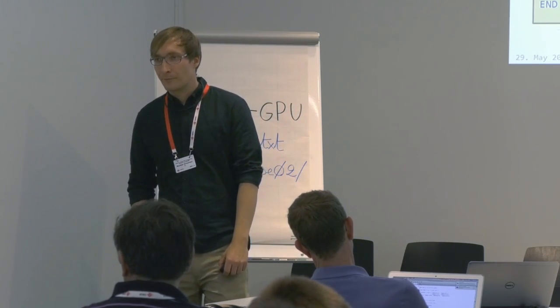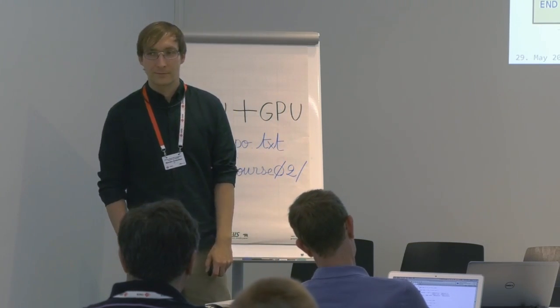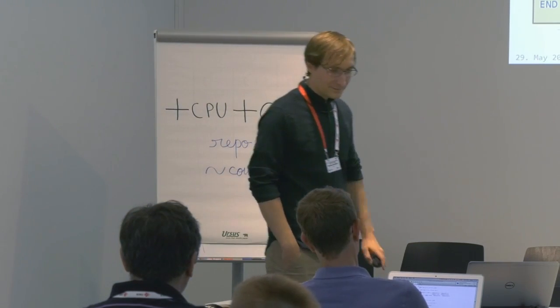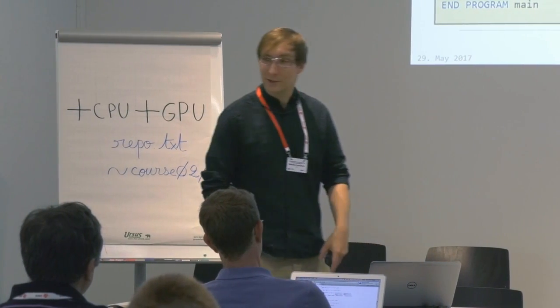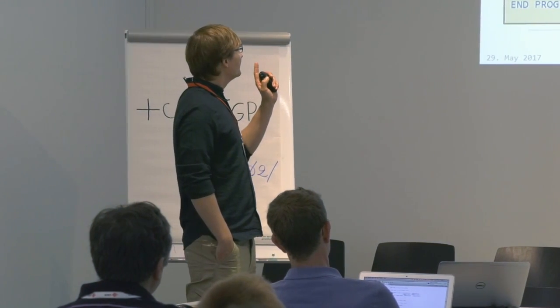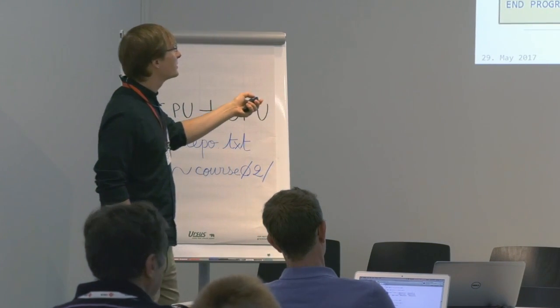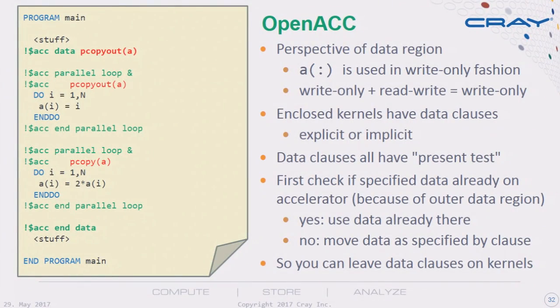If array A gets modified on the CPU between the first and the second loop, what happens then? Good point. I will do that in two slides. The next slide is the OpenACC example. As mentioned, it's quite similar. We have this pcopyout, so we want just the data back from the GPU.